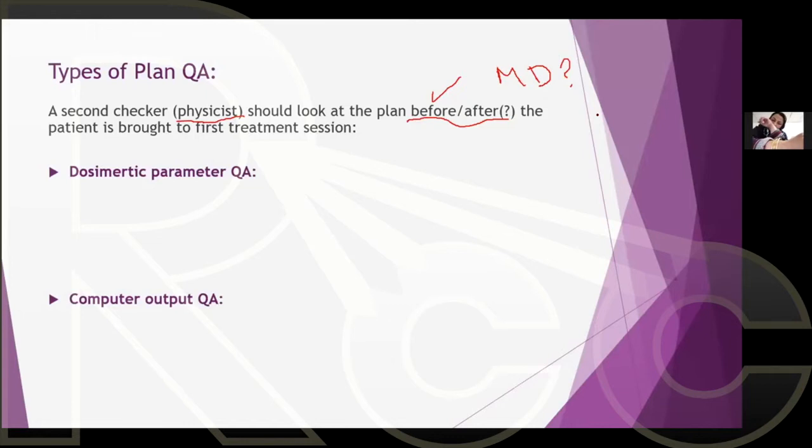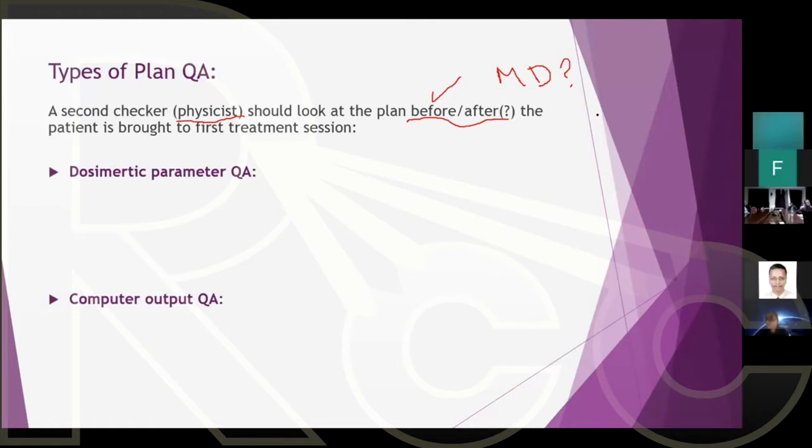The idea is that when the radiation oncologist looks at a plan and finalizes it, and that's what I want to treat the patient with, then they don't want to have any changes coming to the plan. So if there is anything wrong with it, if you have any parameters that need to be changed, the computer output is verified before the radiation oncologist approves the plan, right? So once he or she approves it, that's it, the plan proceeds for treatment.